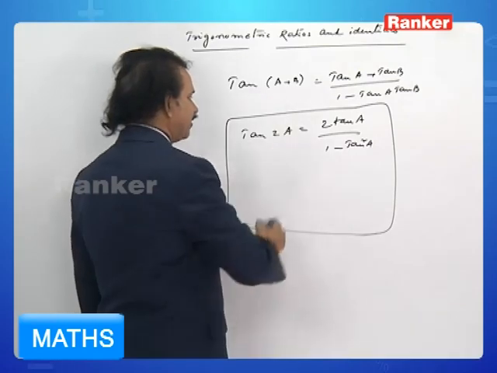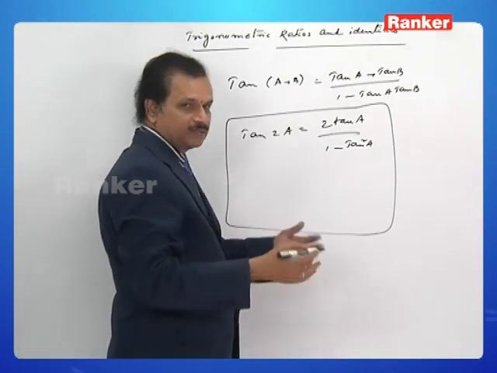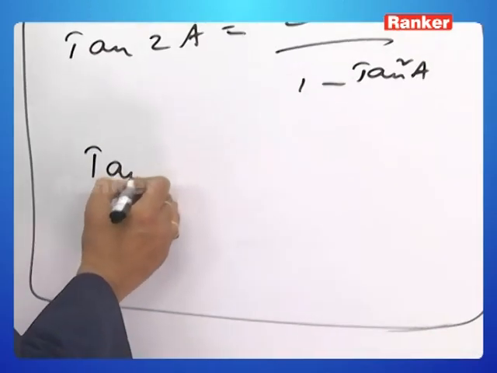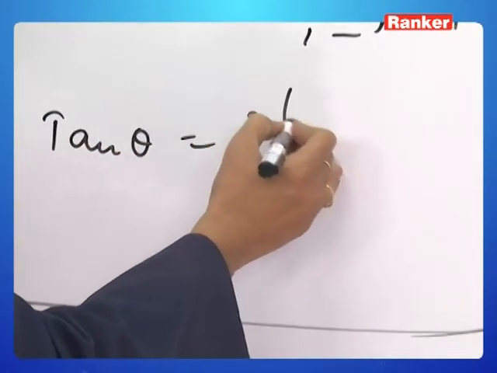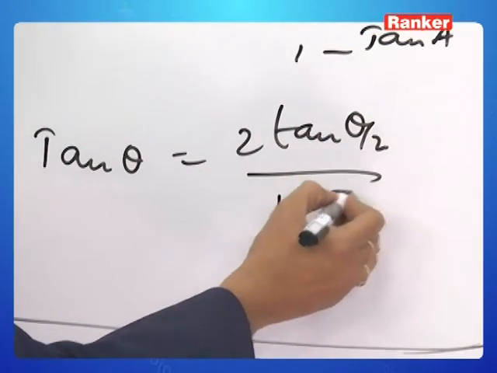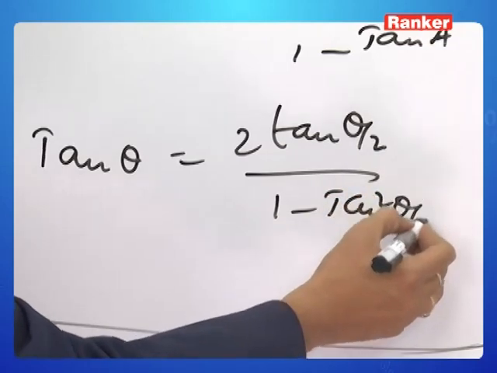And if you replace a by theta by 2, what happens? 2 into theta by 2 is theta. Therefore, tan theta is equal to 2 tan theta by 2 by 1 minus tan square theta by 2.